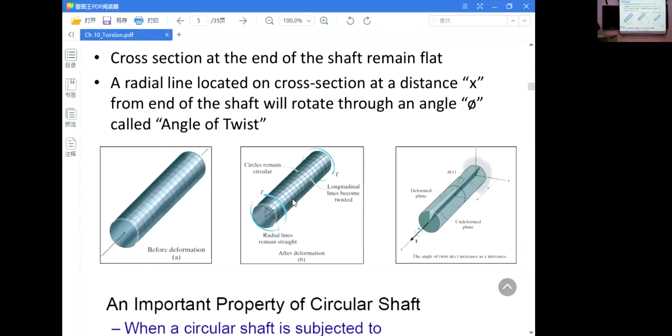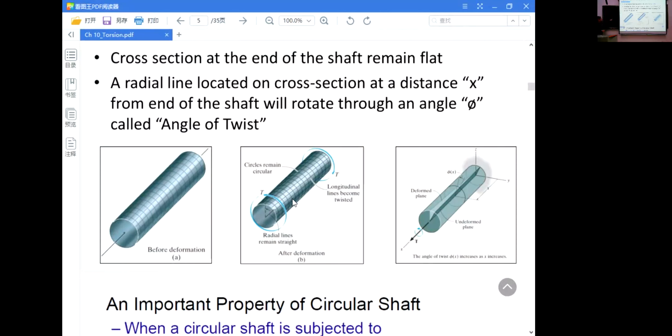But because the shaft doesn't expand or contract, if this stress is in this direction, we can resolve it into two components. This component will expand the circle.